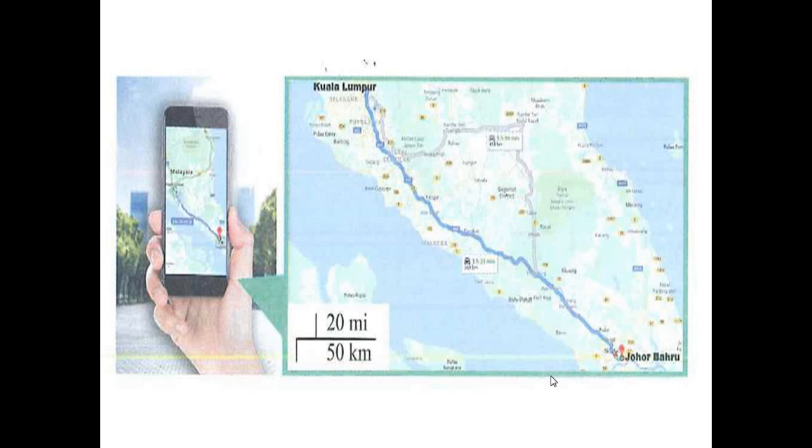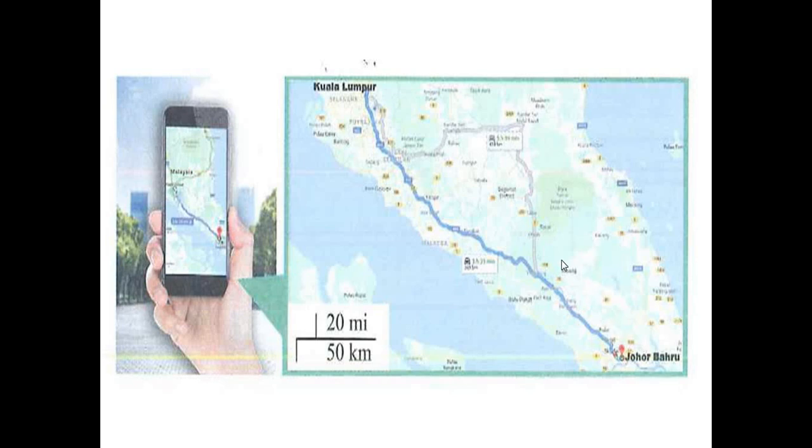This is from your maps, Google Maps, right? Now by using the phone, we're going to check the distance from Kuala Lumpur to Johor Bahru. You can see here it's shown as 50 kilometers. So what does it mean by 50 kilometers? It means the real distance from KL to Johor Bahru.